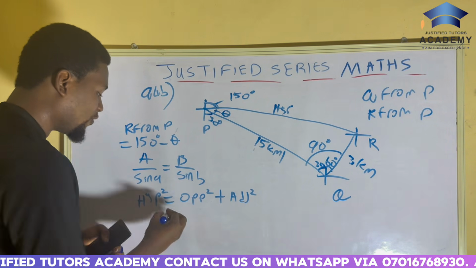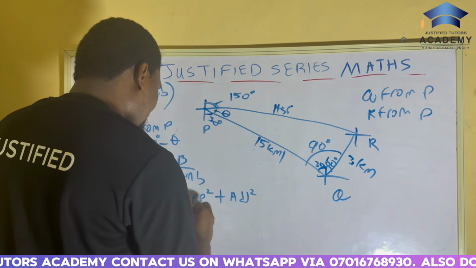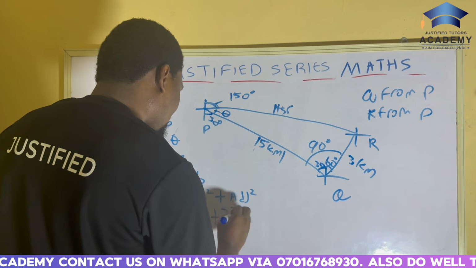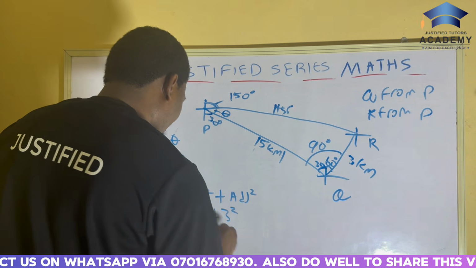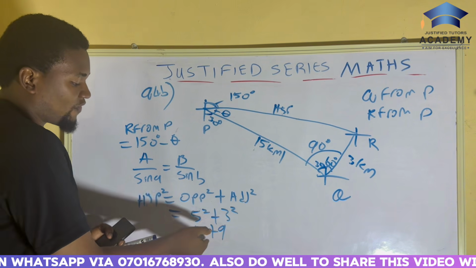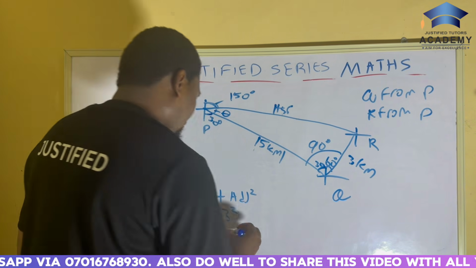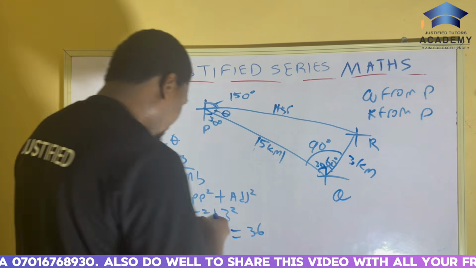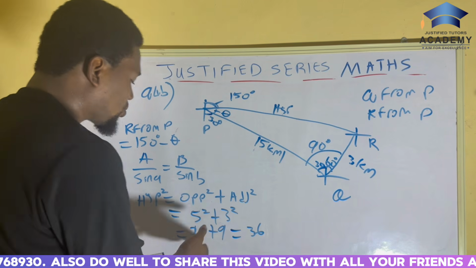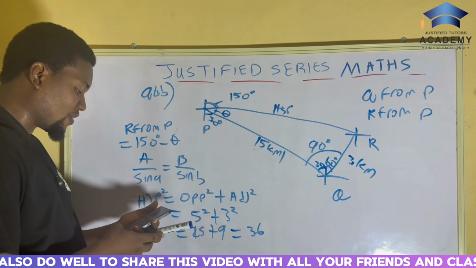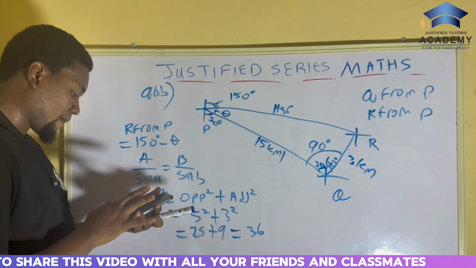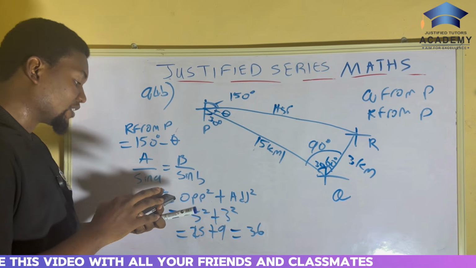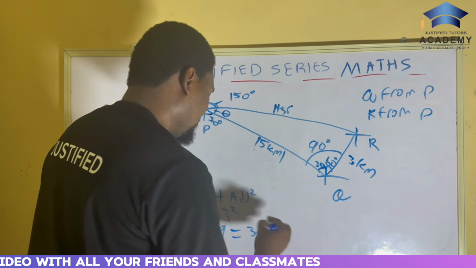So let's now solve. That will give us 5 squared plus 3 squared, which gives us 25 plus 9. 25 plus 9 is, sorry, it's 34.